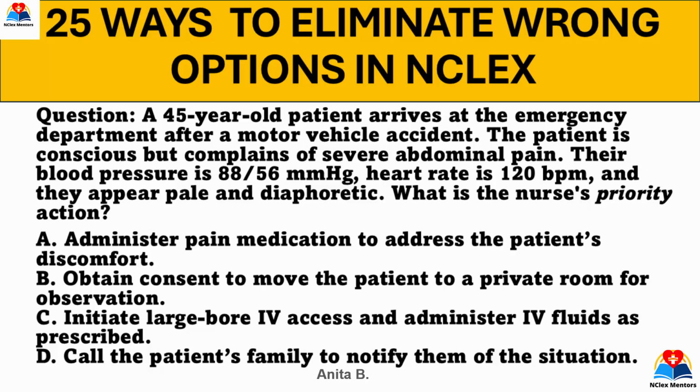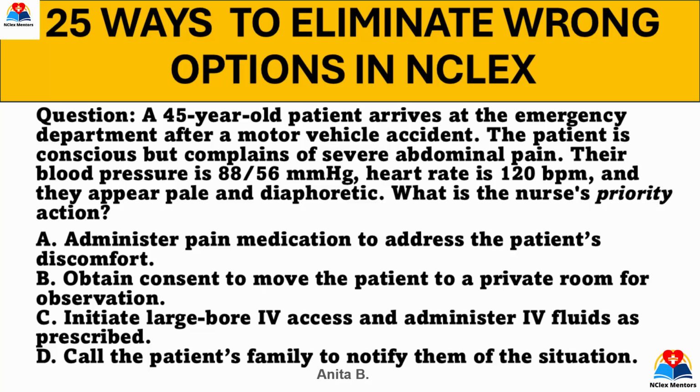A 45-year-old patient arrives at the emergency department after a motor vehicle accident. The patient is conscious but complains of severe abdominal pain. Their blood pressure is 88 systolic and 56 diastolic, heart rate is 120, and they appear pale and diaphoretic. What is the nurse's priority action?